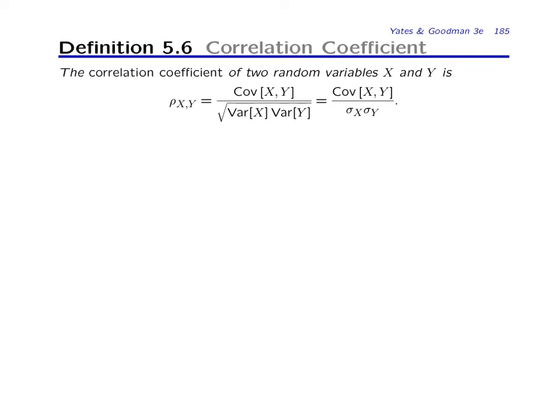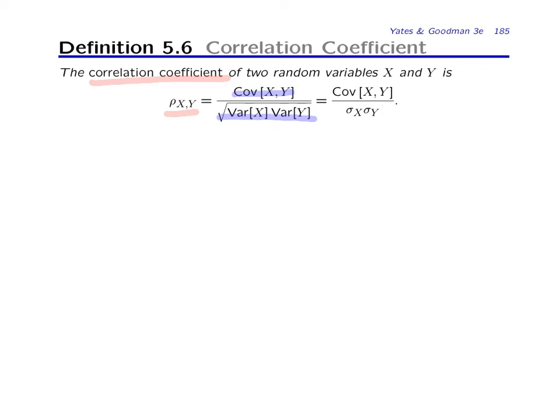And we express normalized covariance as a term in its own right that we call rho. This is called the correlation coefficient of random variables x and y. And this correlation coefficient is really quite simple. You take the covariance and you divide by the square root of the variance of x times the variance of y.